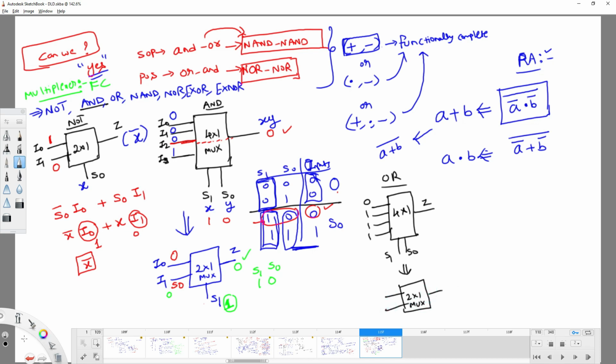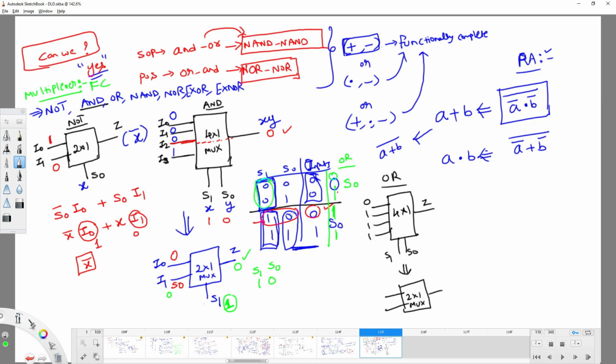With a 2 by 1 mux, what can you do? Basically, if you observe, in a 2 by 1 mux, what is the output you are expecting for the OR gate? For the OR gate, the results will be 0, 1, 1, 1. If I have 0 as input, what is the output you are expecting?